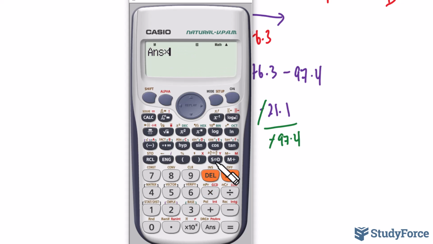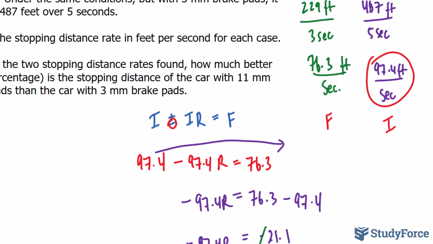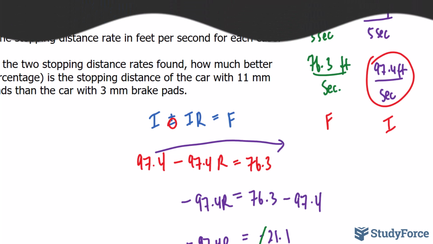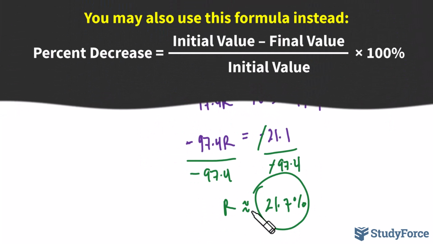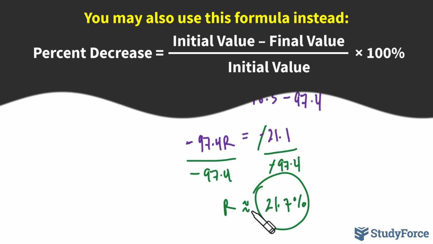We need to multiply this now by 100%, or simply a factor of 100, and we end up getting 21.7%, or roughly that much improvement from changing your brake pads that have only 3 millimeters of depth over to 11 millimeters of depth. So that is the improvement, a 21.7% improvement in stopping distance rate as a result of this change.